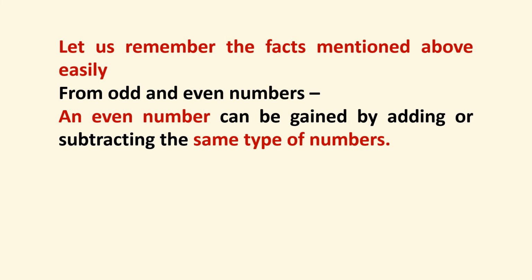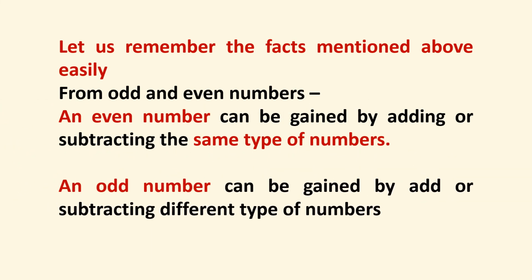So when you add or subtract the same type of numbers, that means odd number plus odd number, even number plus even number, odd number minus odd number, even number minus even number, then the result is always an even number.